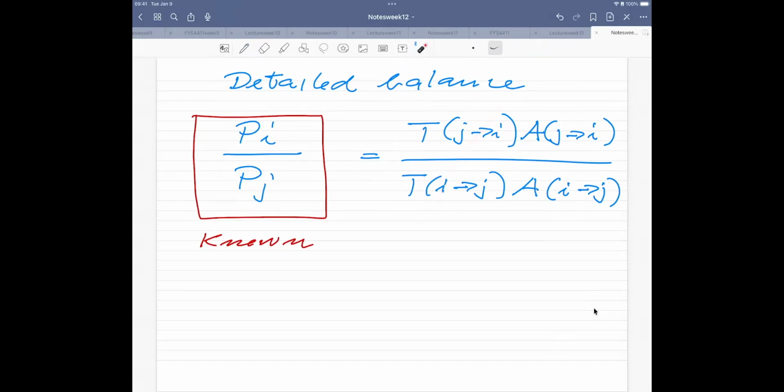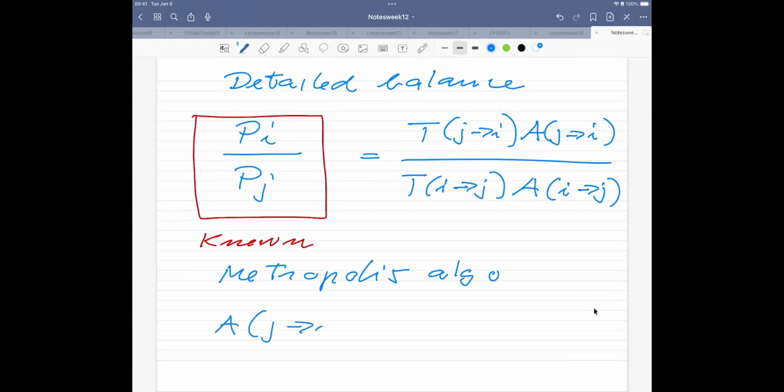Now, the Metropolis algorithm uses these equations. It finds the acceptance probability as the minimum of 1 and the ratio between P_i and P_j, multiplied with T_{i to j} divided by T_{j to i}.